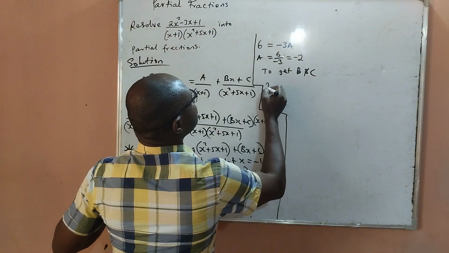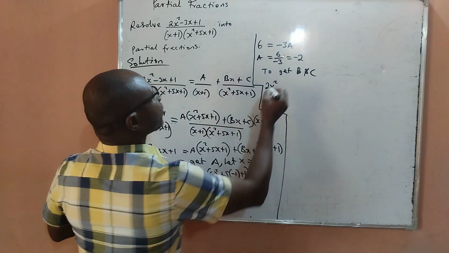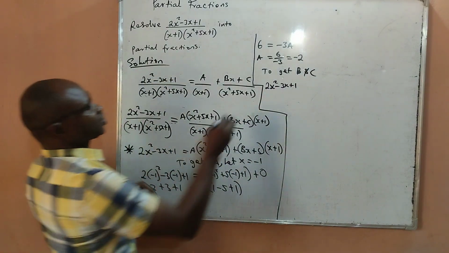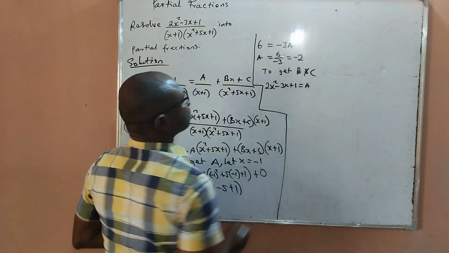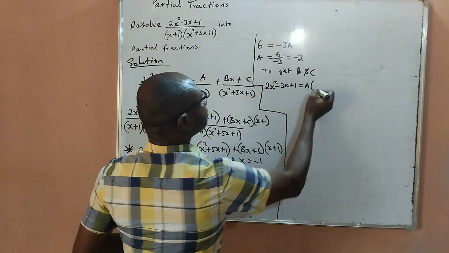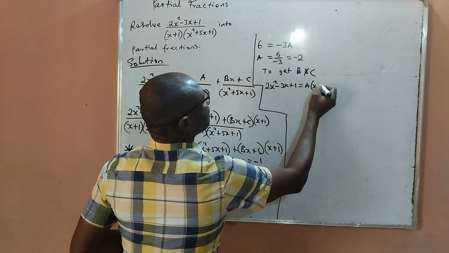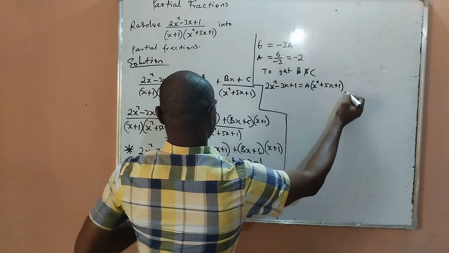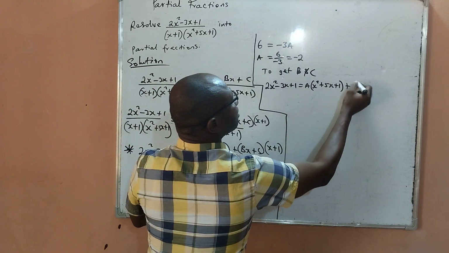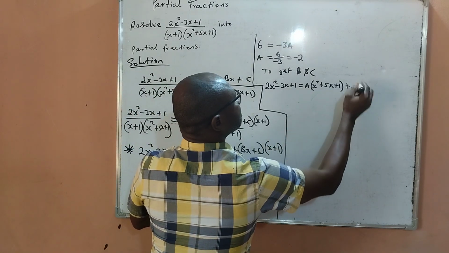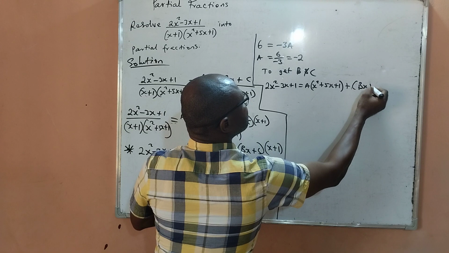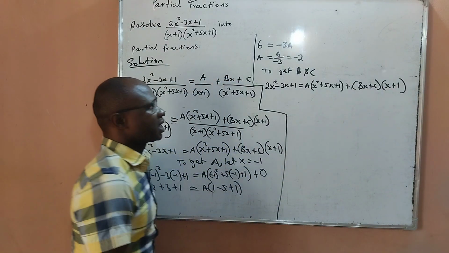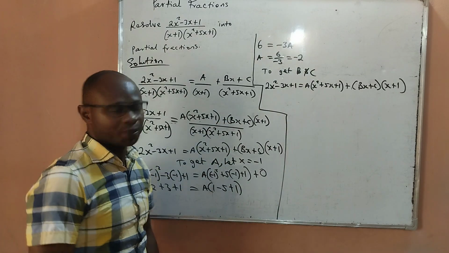So I have now 2x squared minus 3x plus 1, that is this, is equal to a into x squared plus 5x plus 1. Then plus bx plus c into x plus 1. Okay, I want to get b and c at this point.